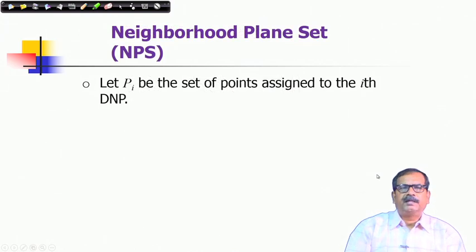Now, let me define the neighborhood plane set, or NPS in acronym. Consider Pi as the ith DNP, that means the set of points assigned to the ith DNP. Now, we consider that Pi could be an element of the neighborhood plane set of a 3-dimensional point P if its neighbors contain a sufficient number of points lying on that Pi itself.